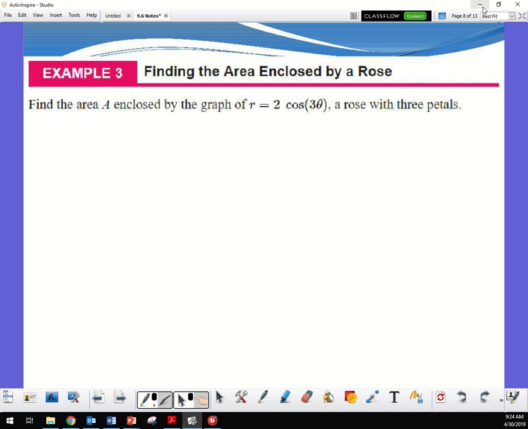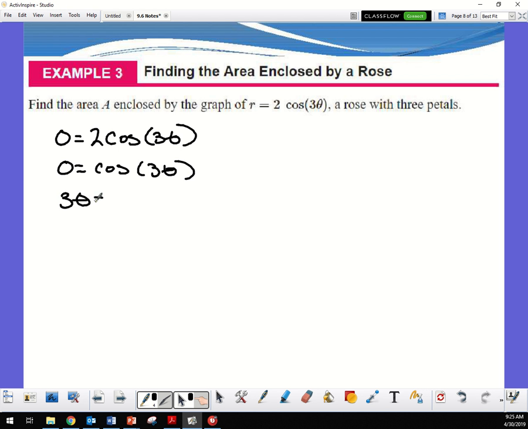So let's see, I want this to equal 0. So 0 equals 2 cosine of 3 theta. Divide by 2, so 0 equals cosine of 3 theta. So 3 theta is equal to arc cosine of 0.